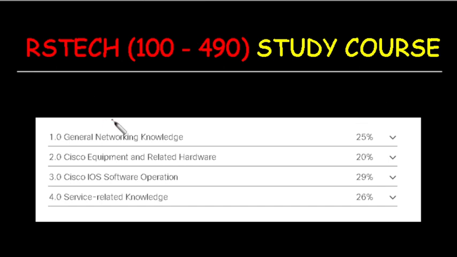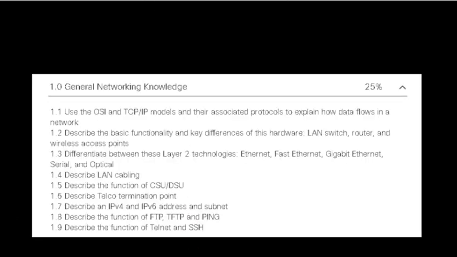The first part we're going to learn is the exam topics. Now the exam topics have 4 main points. General networking knowledge, Cisco equipment and related hardware, Cisco iOS software operation and service related knowledge. Now, in this video we're going to be talking about general networking knowledge.